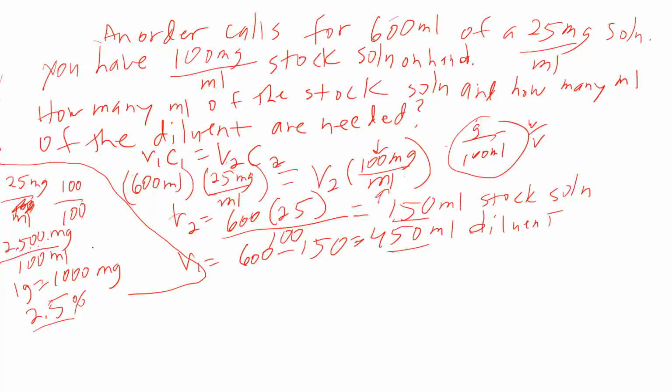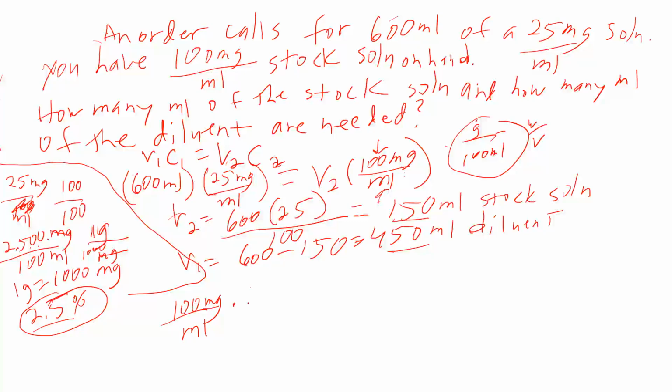You can also do it like this: 1,000 milligrams is 1 gram, so you can cross off milligrams, and 2,500 divided by 1,000 is 2.5%. Then you do the same thing with 100 milligrams per mil.